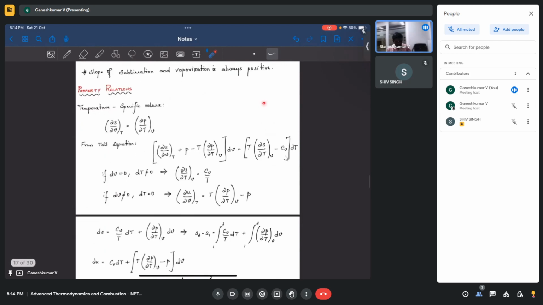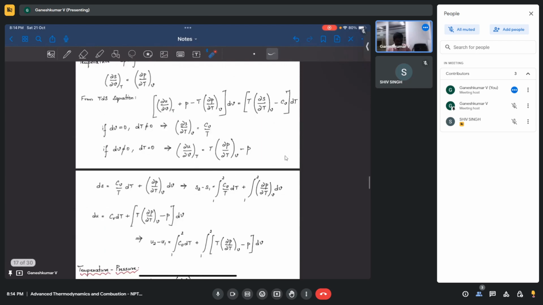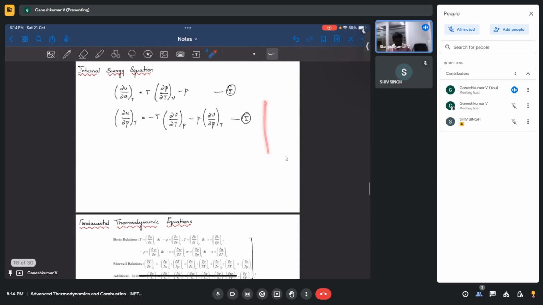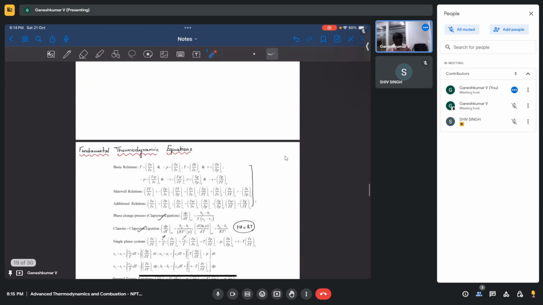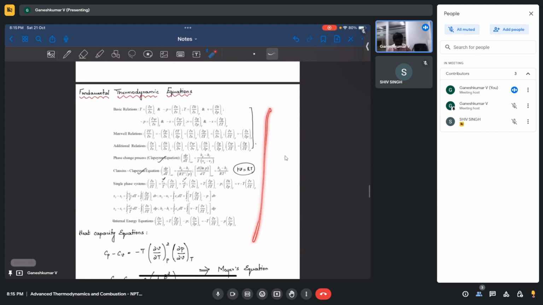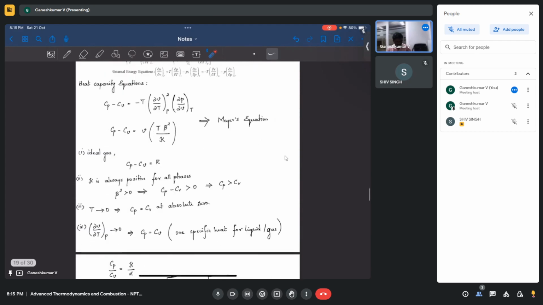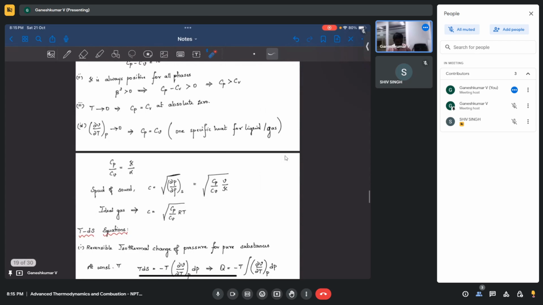And then property evaluation: if you want to calculate properties, there also we use Maxwell's relations. Internal energy is one of the properties we would like to evaluate, and there are a few thermodynamic equations which we use in various places.